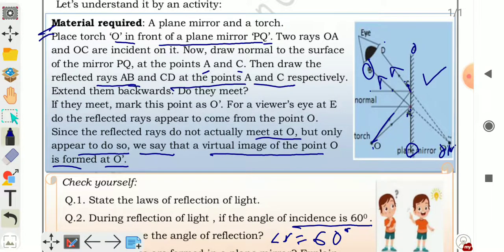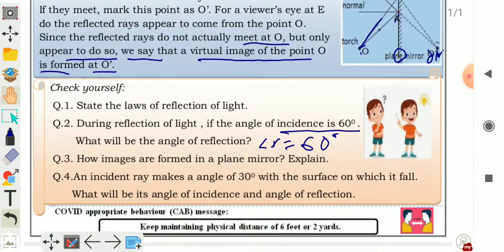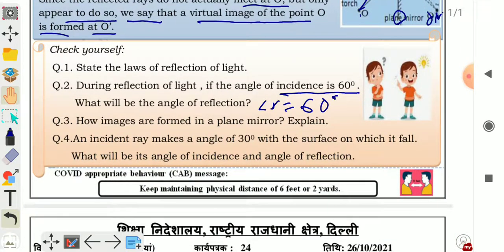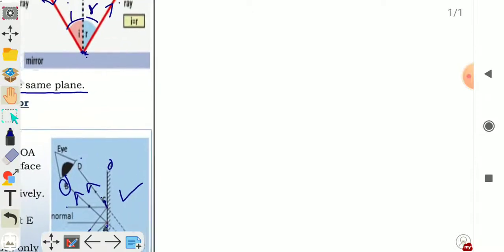Question number 4. An incident ray makes an angle of 30 degree with the surface on which it falls. What will be its angle of incidence and angle of reflection? So you have to write in this way.